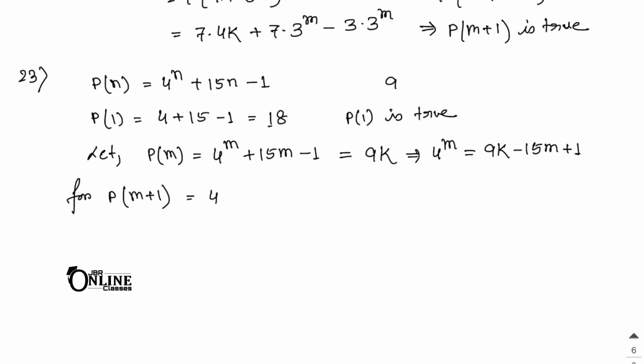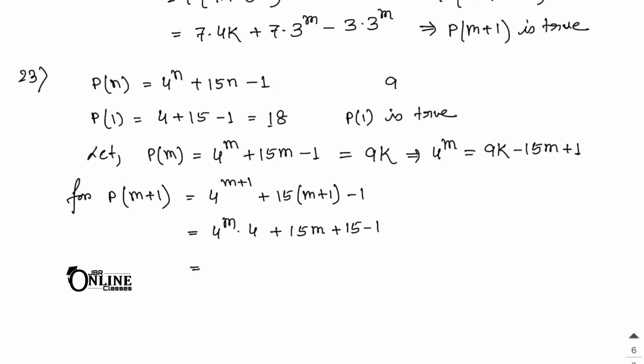Now you have to prove that for Pm plus 1. So it will be 4 to the power m plus 1, then 15 into m plus 1, then minus 1. As 4 to the power m plus 1 means 4 to the power m into 4, and here 15m plus 15 minus 1.